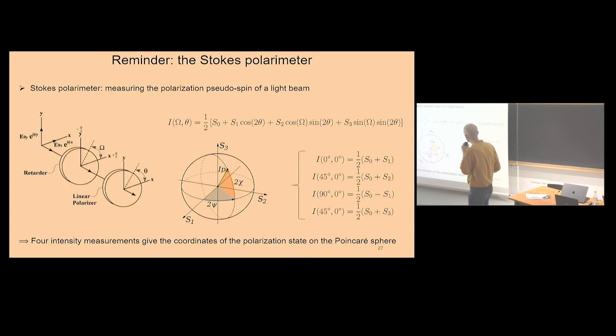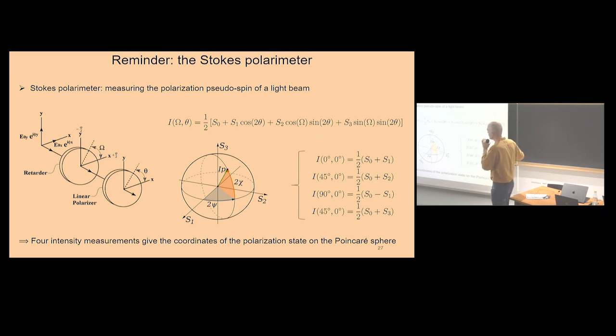I just want to start with a small reminder, because it's very similar to what you do when you want to measure the polarization state of light. You do a polarimetry experiment. You send your light into a series of retarders and polarizers, typically a quarter wave plate and a polarizer, and you can express the intensity of the light that goes through this system as a sum of different components.